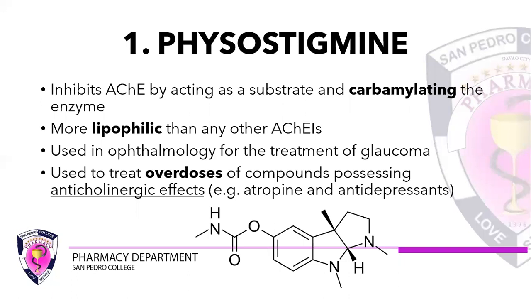Another thing is that since it is more lipophilic, it is longer lasting because of its lipophilicity, and it can be used for the treatment of overdoses of compounds possessing anticholinergic effects. So how would you counter anticholinergic? With the help of a cholinergic drug. So example, physostigmine.